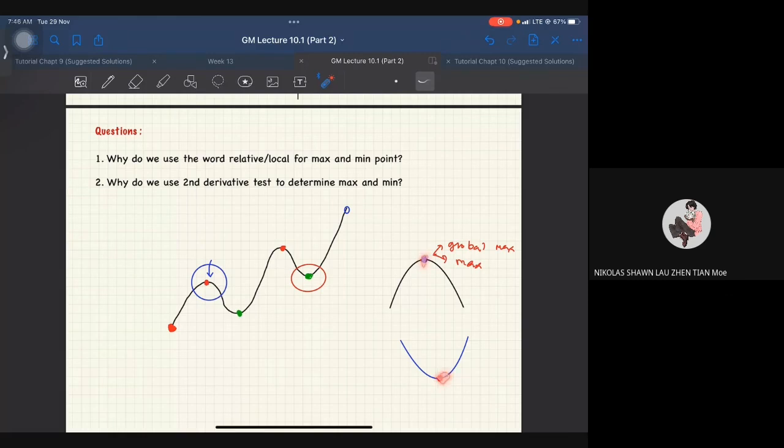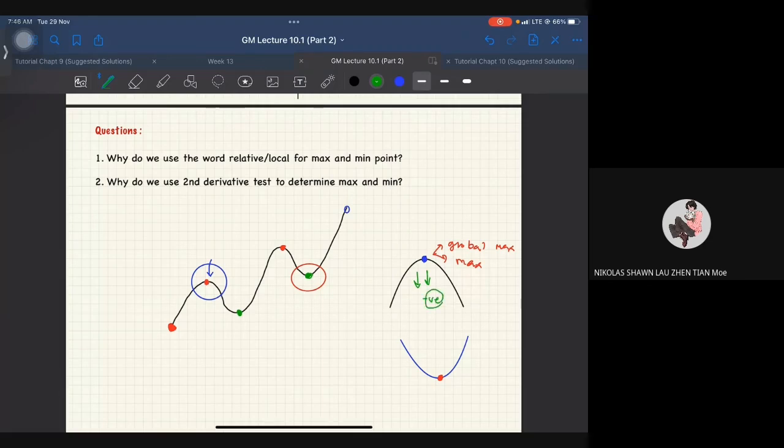Sebab awak tahu, second derivative test menentukan concavity. Okay, and if you take a look at this one, concavity dia adalah ke arah bawah. So bila dia ke arah bawah, dia akan jadi negatif.